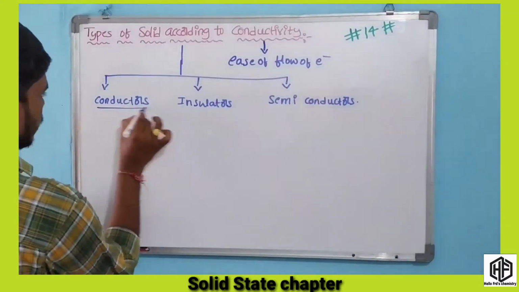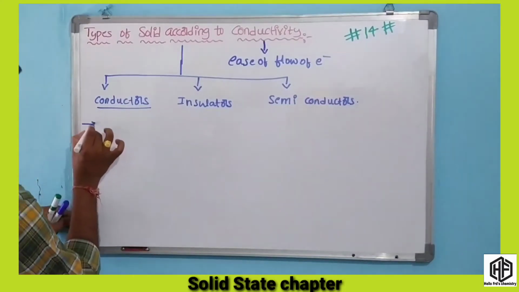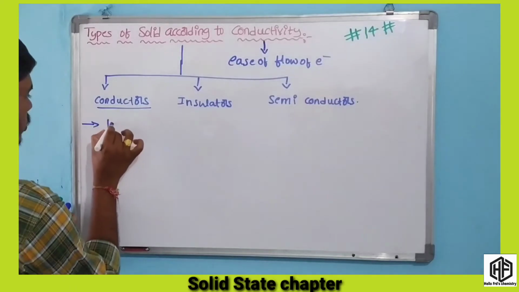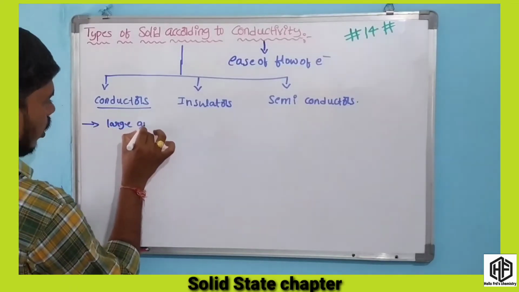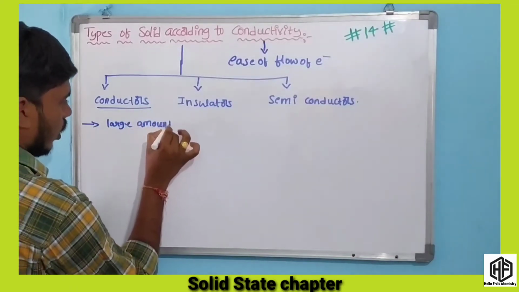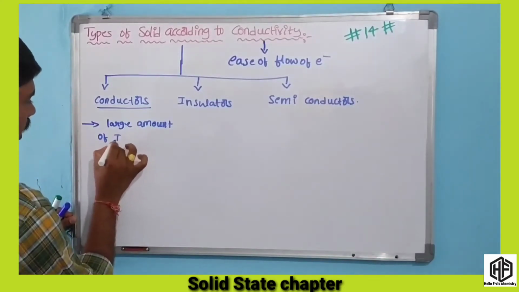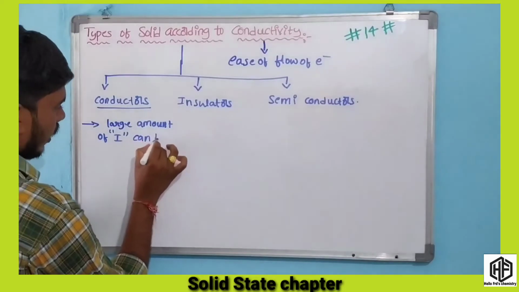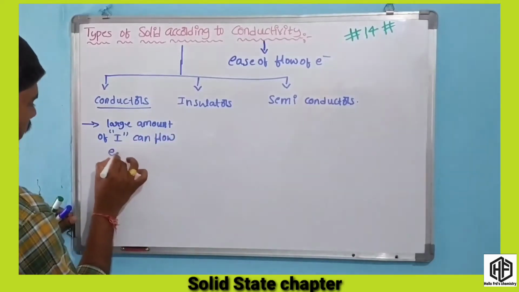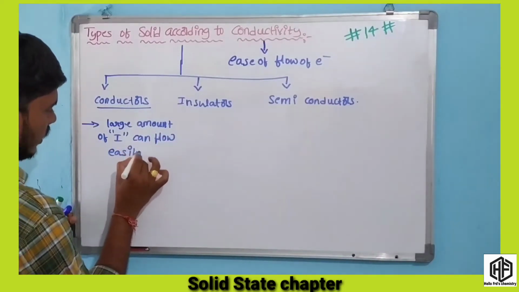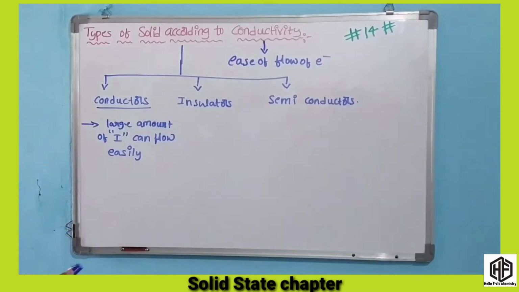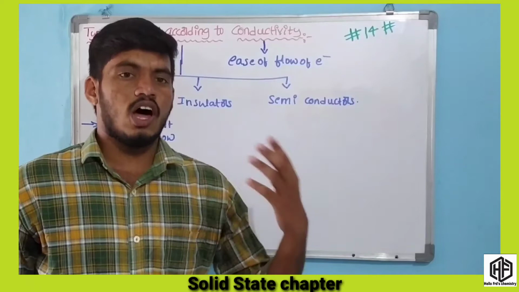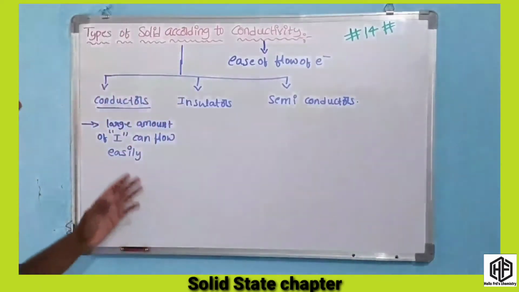First of all, what are conductors? Conductors are those substances through which a large amount of current, a large amount of electricity, can flow easily.